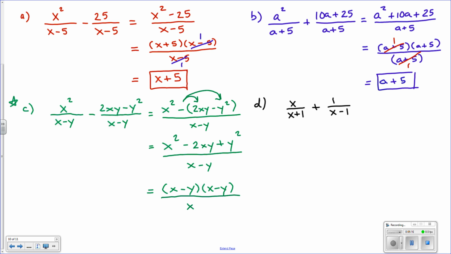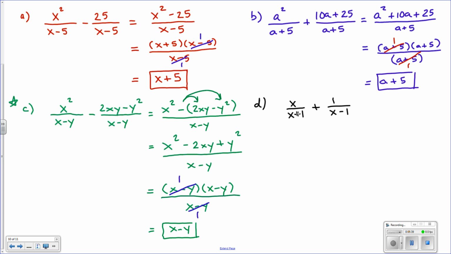Now that we have that over an x minus y, again, we can look for common factors in the numerator and denominator, and we're left with x minus y. Last one, letter D.